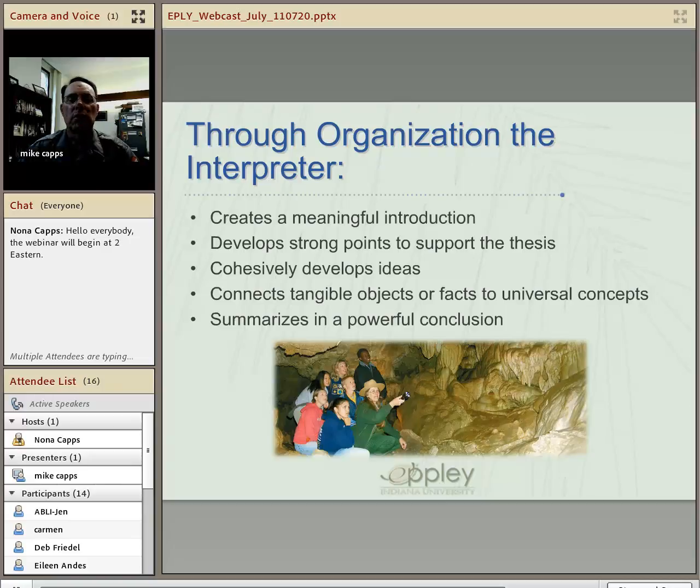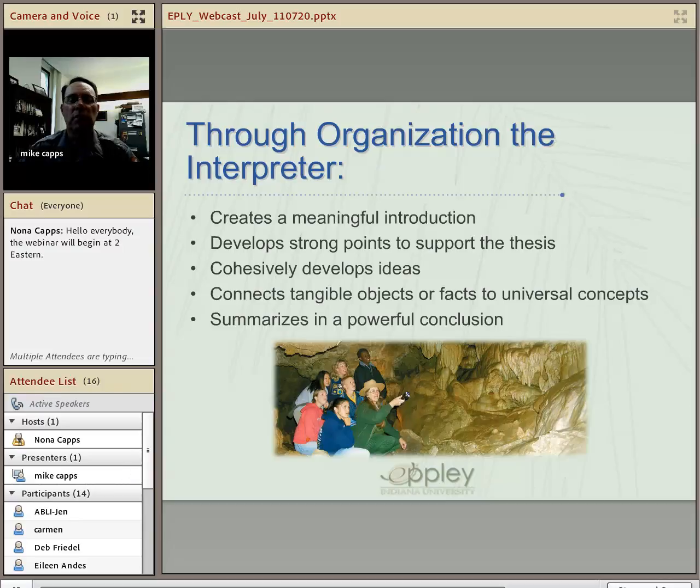So through organization, you can create an introduction, you can develop strong points to support your theme, develop your ideas, connect tangible objects or facts to universal concepts. We'll talk a little bit more about that in a minute. And then, wrap it all up with a good conclusion.